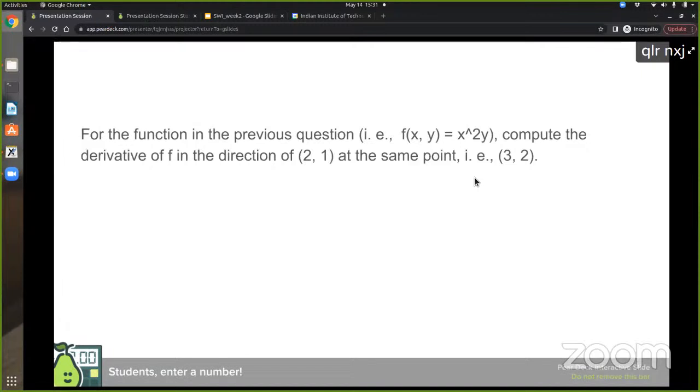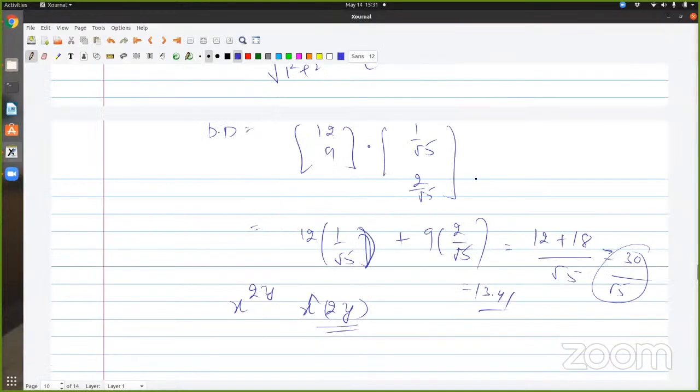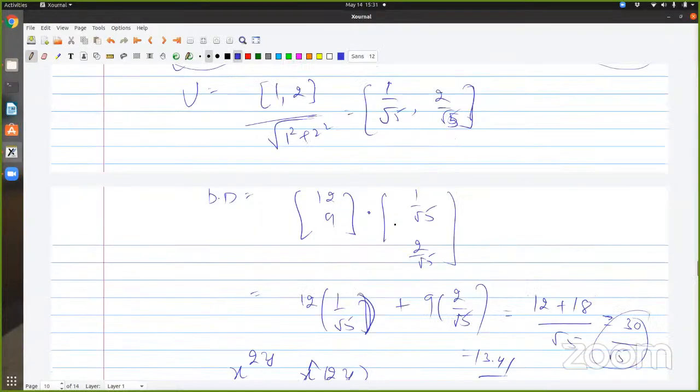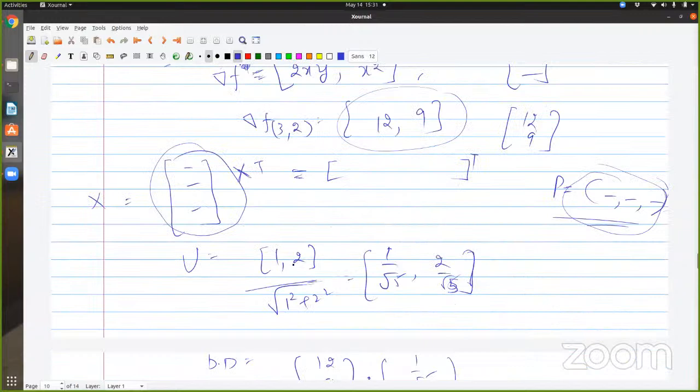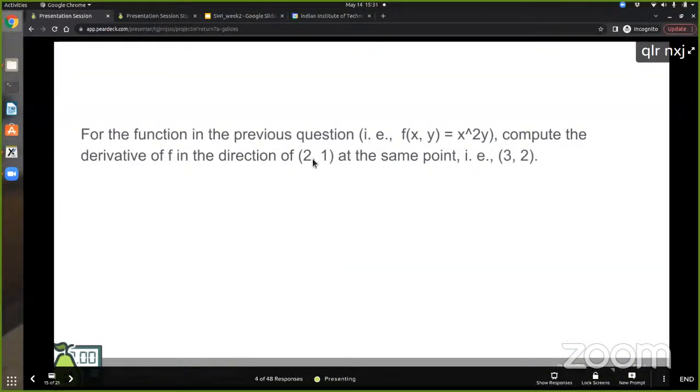So when you change the direction, you get a different rate of change of the function. In the previous case, the derivative was 13.41. That was the rate of change of the function in the direction (1, 2). Now, in the direction (2, 1), let's see what value of derivative we get for the same function, same point.